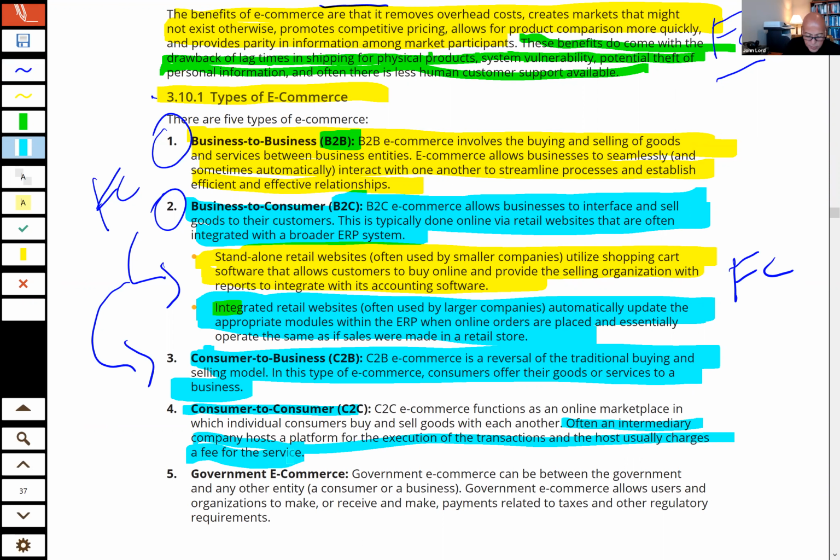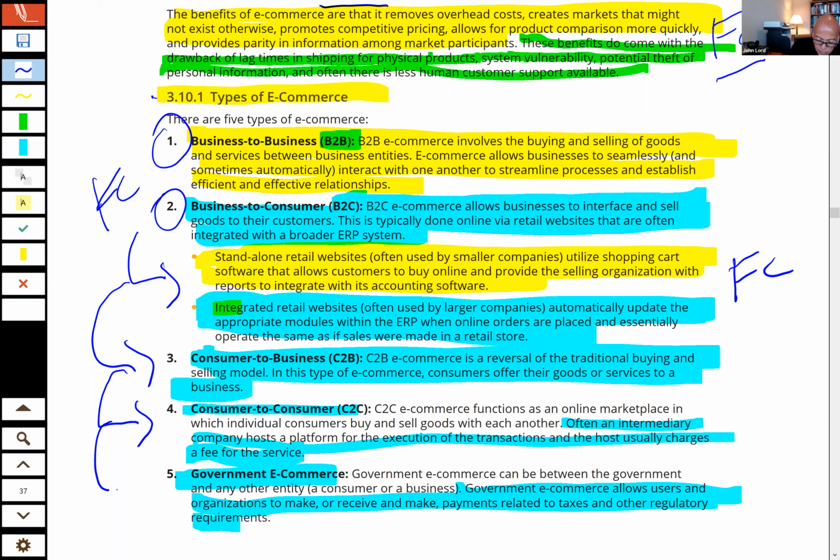And there's all kinds of these kinds of things out there now. And then government e-commerce, yeah, I mean, the government's probably the last in on this, but I paid my property taxes the other day, and I just went straight to Alameda County's website and paid my property taxes right there. That's a government e-commerce example. Okay, those arrows mean I want you to flashcard all of these 5 different types.